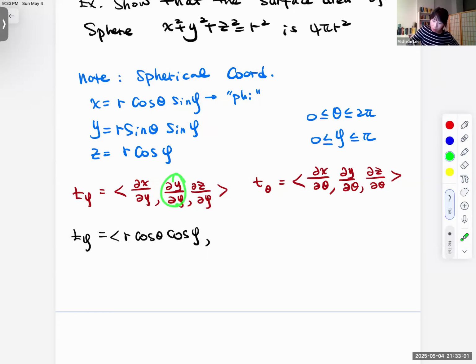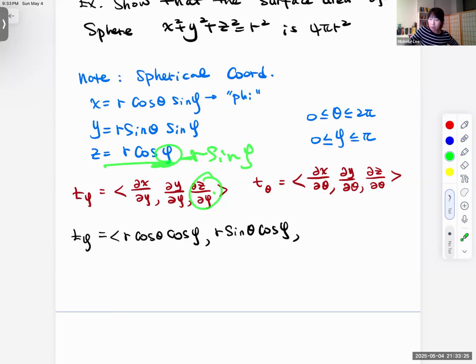For y, same: r sine theta cosine phi. For z, we have r negative sine phi.